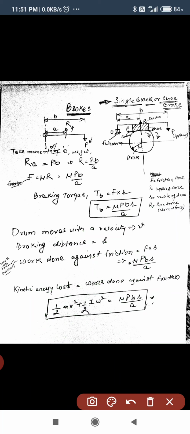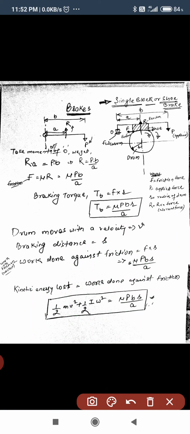But now I am taking a simple problem. I discussed the three cases of this single block or shoe brake system, case 1, 2, 3. In one case, the fulcrum is in the straight line of the frictional force, in the second it may be above, or in the third case it may be below at some distance, whatever accordingly in the question.